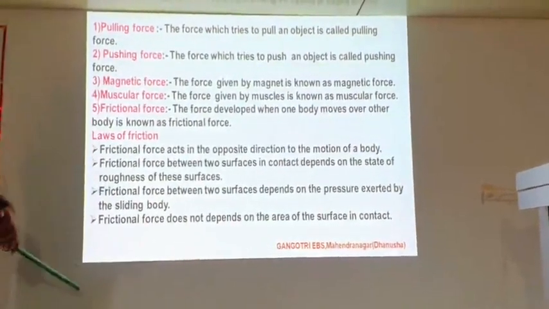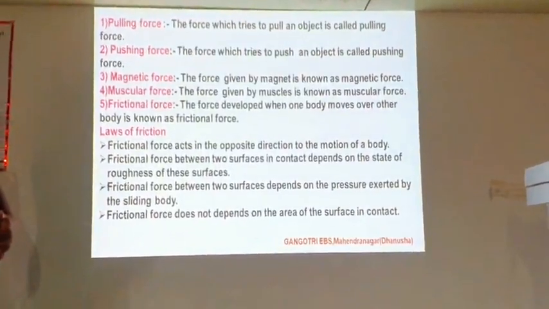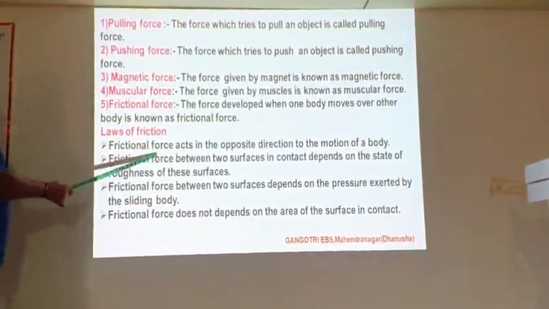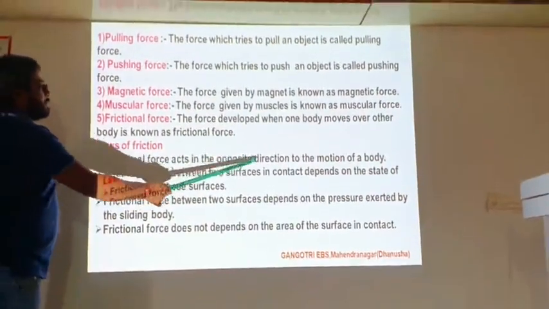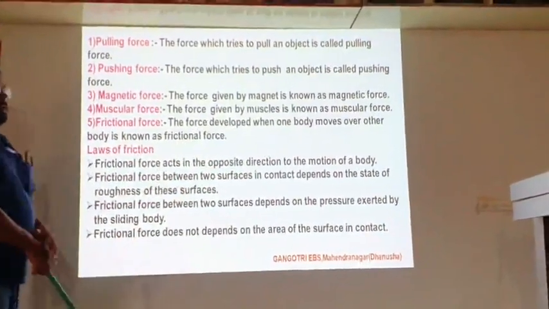Here I have written the laws of frictional force. Frictional force always acts in the opposite direction to the moving body.